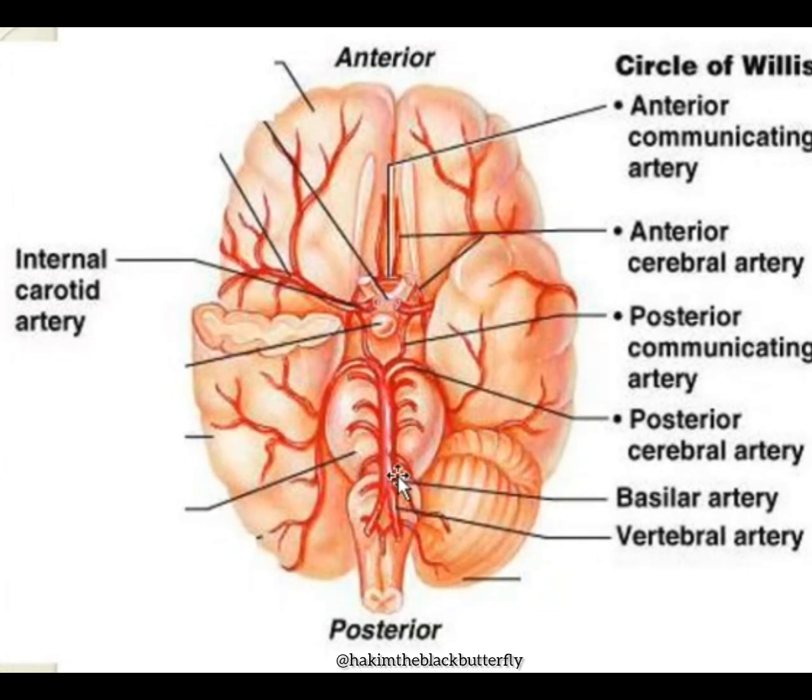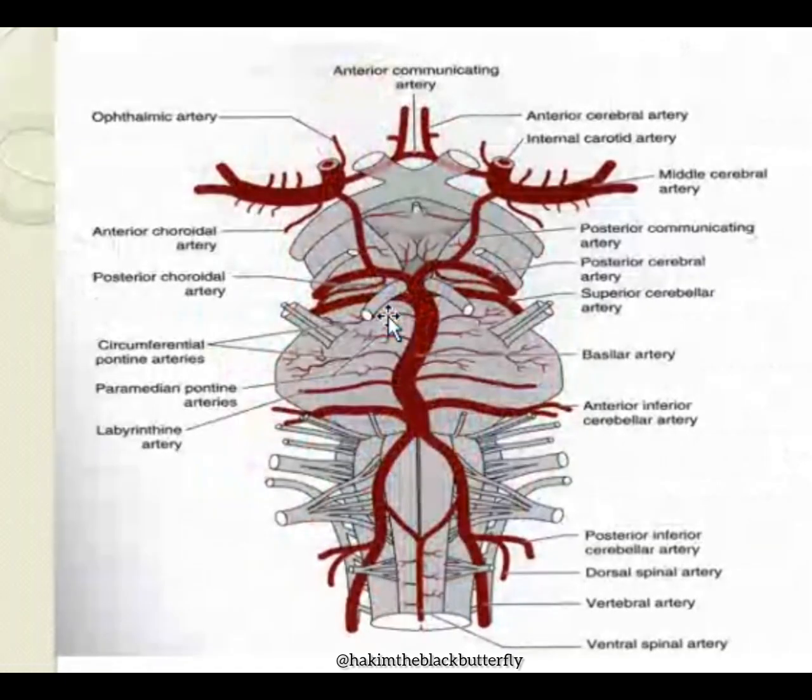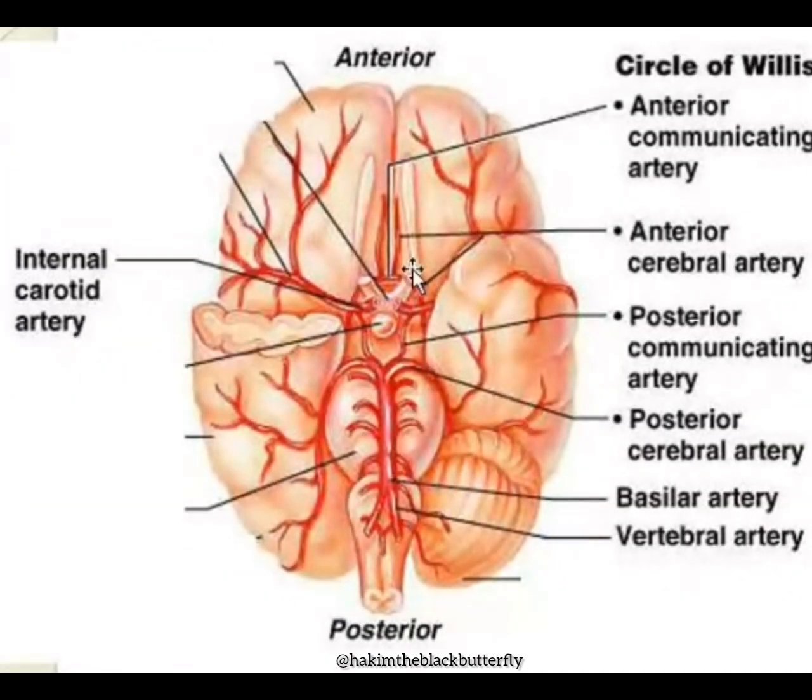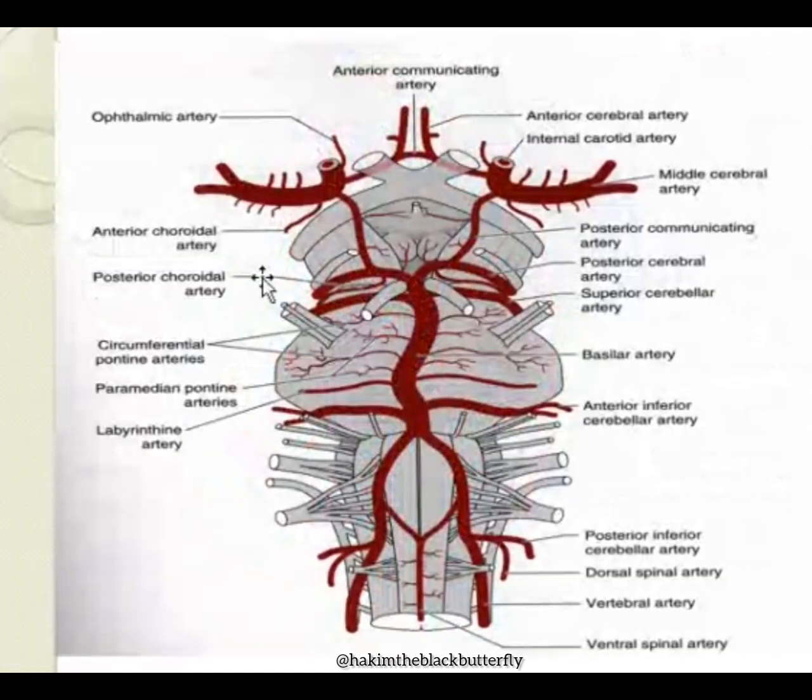This is the junction between the pons and the medulla oblongata, and around there we have the junction between the pons and the midbrain. So in other words, we have removed this portion which can be visualized on the inferior surface of the brain and brought it here.